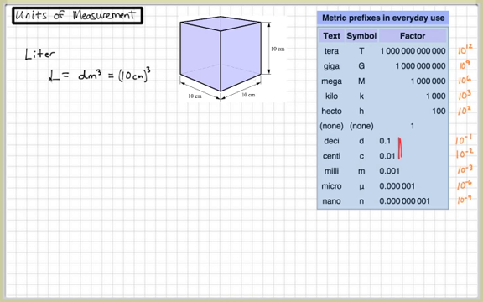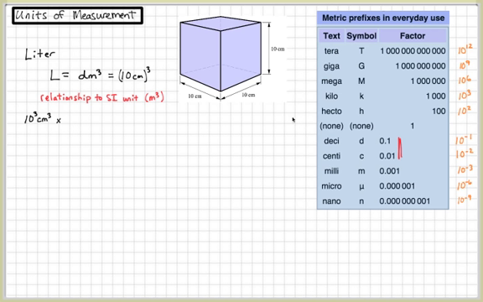This defines the liter. And we can relate then the liter to our SI unit, which was meters cubed for volume. In order to do that, we'll take the 10 centimeters cubed and multiply by a conversion factor, converting from centimeters cubed to meters cubed.